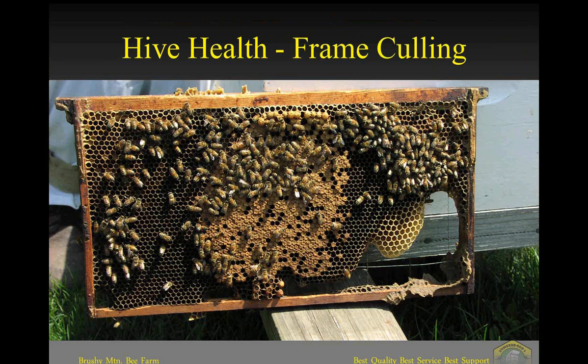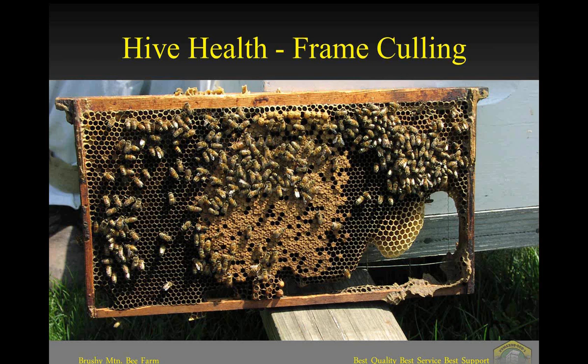Culling out old, nasty frames helps relieve some of the stressors from pesticides. So even if you're a quote-unquote organic beekeeper, your bees are still bringing back agricultural pesticides, and those are accumulating in the wax on those frames. And that's essentially why we don't have organic honey, because the bees forage in a roughly 2-mile radius, and they're coming in contact with these pesticides and bringing them back to the hive.